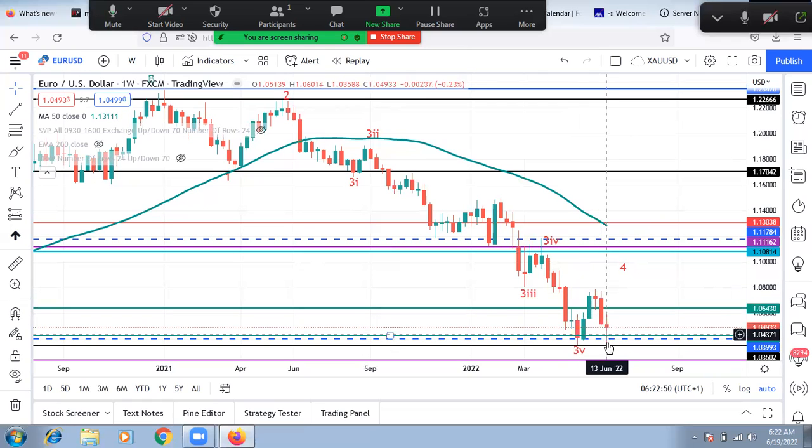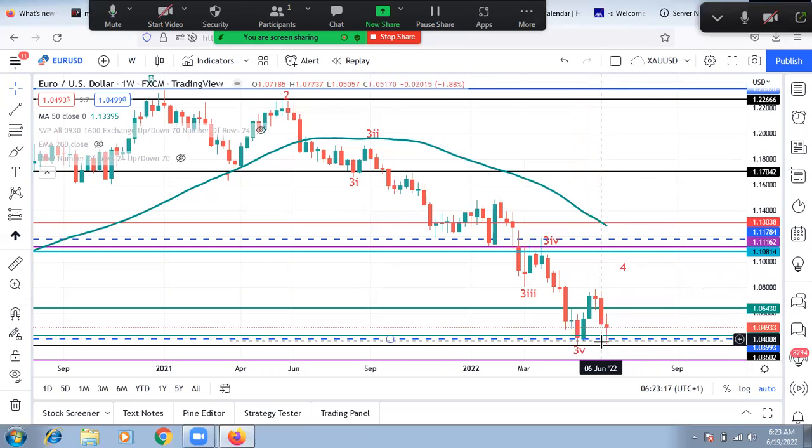If wave B goes lower than wave A, as you can see in both extended, expanded and running flat, if that is what it's going to get, then this will change. Those are the conditions under which it will change. So you must have that at the back of your mind.